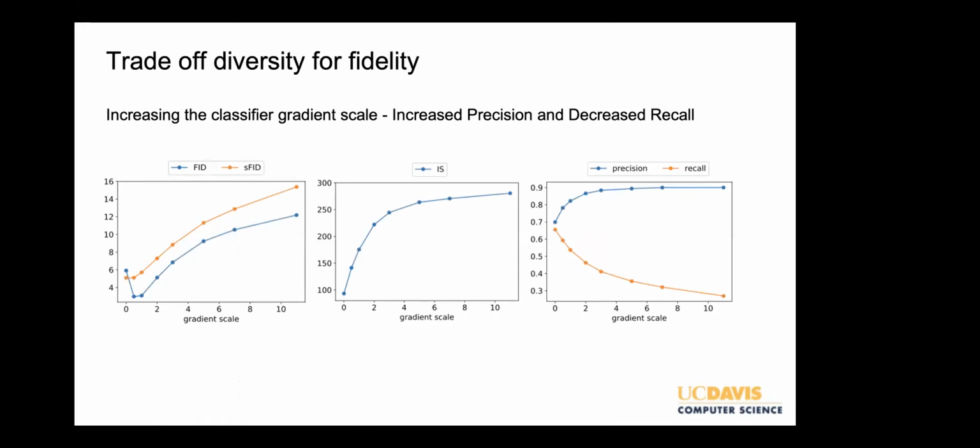They have done this gradient scaling and found what smoothly gives better diversity or fidelity. They scaled to only a small number, but they mention in the paper that the scaling can be increased to get even better sample quality.